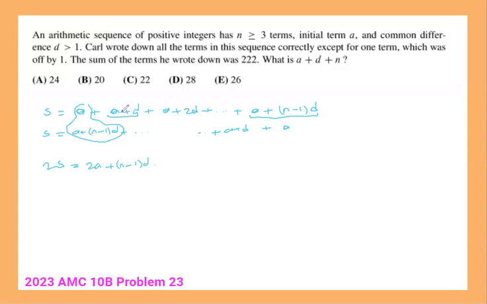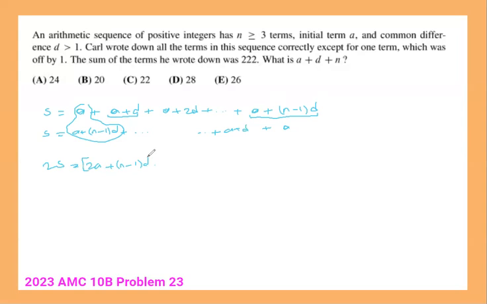If you do the same thing with the second term, the second term right here will be a plus n minus 2 d. a plus a will be 2a. d plus n minus 2 d will be n minus 1 d. Which means you will get the same sum. If you add the last term by the first term, you will still get the same thing. So each of the corresponding pairs gives the same value.